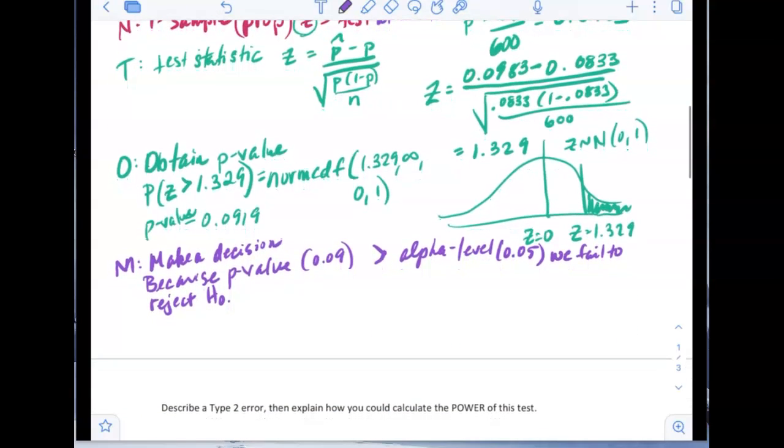All right, and then the last one, S, is a summary statement in context. So we're going to say, what does it mean to fail to reject the null hypothesis? How does this relate to students viewing all these videos?